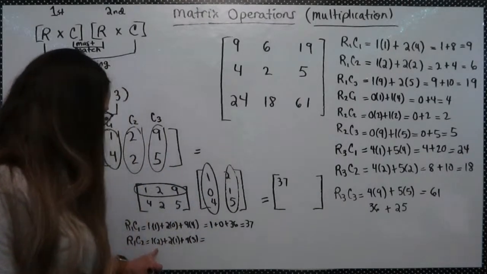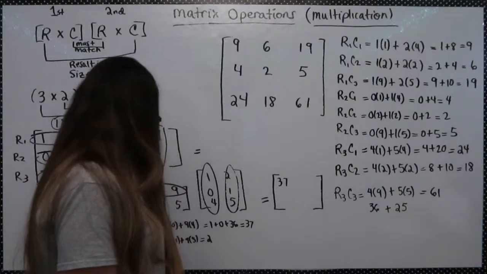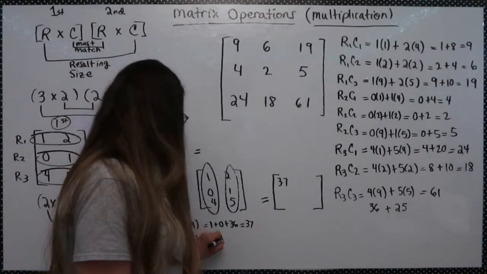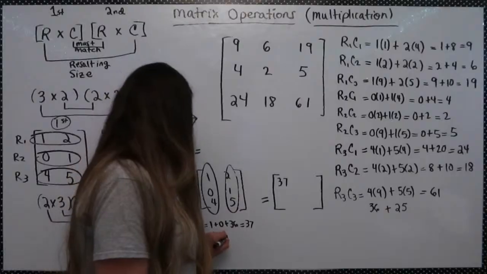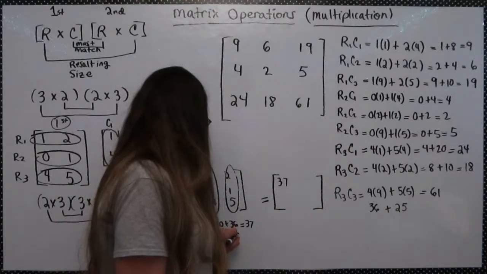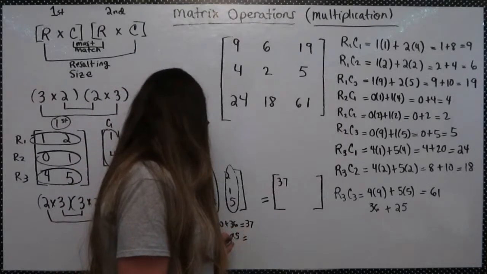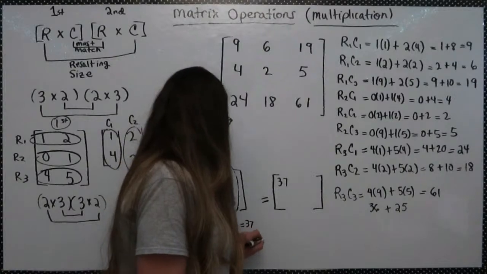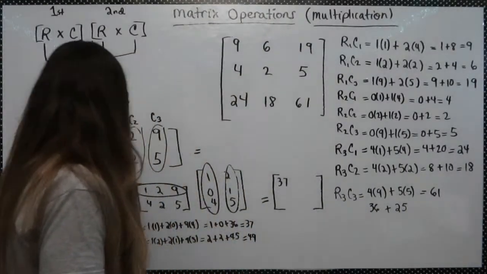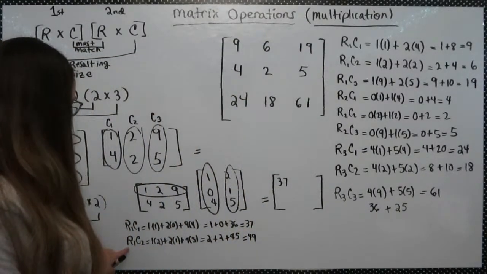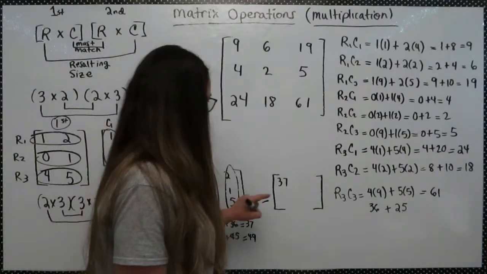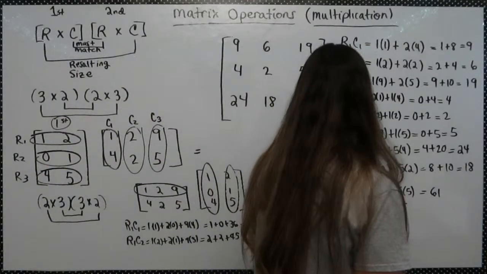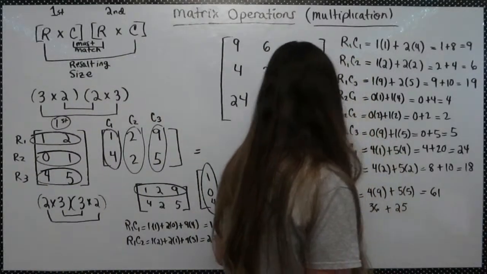So 1 times 2 is 2. 2 times 1 is also 2. And then 9 times 5 is 45. So it looks like it's giving me 49. So that was row 1, column 2. Row 1, column 2 is here, because that really helps you keep track of where it goes in your new matrix.